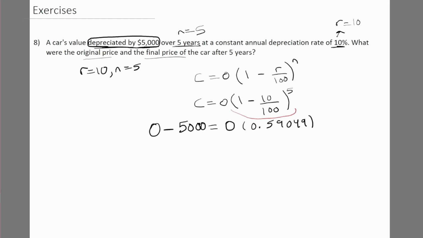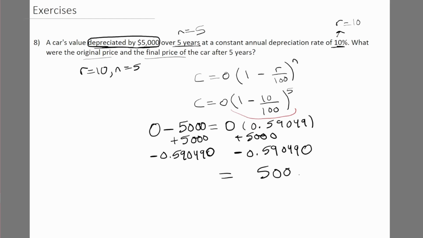Okay. Now, I'm going to add 5,000 to both sides. And I'm going to subtract 0.59049 multiplied by the original from both sides. On the right-hand side, we have just 5,000 alone.